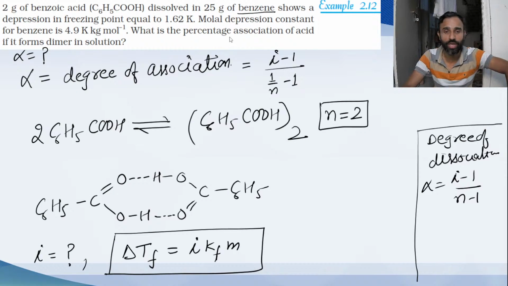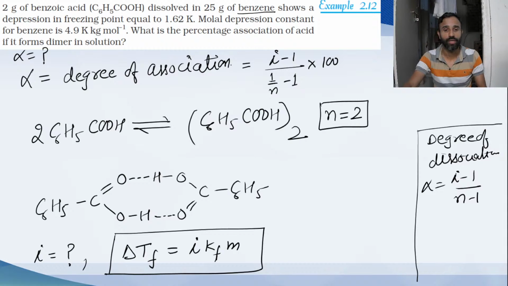We have to calculate alpha, that is the percentage association of the acid. Alpha is a percentage, so multiplied by 100. The formula is i minus 1 upon 1 by n minus 1.